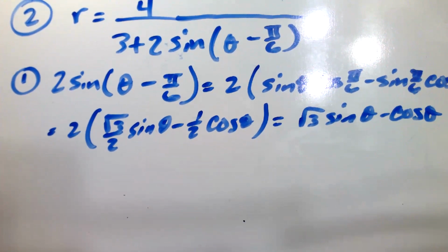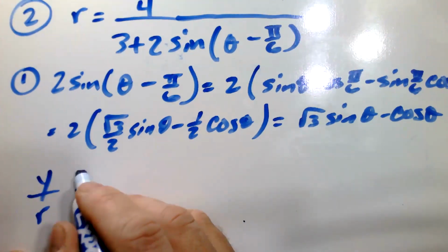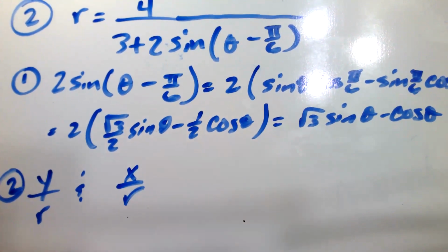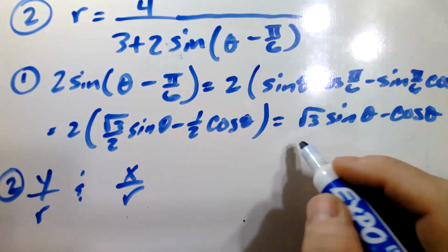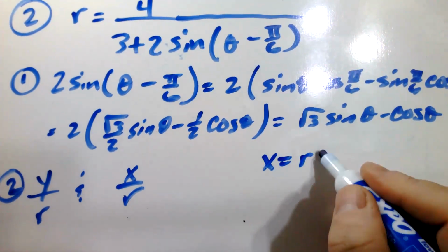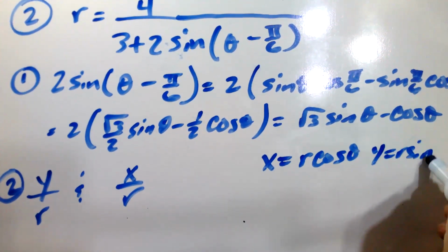And now we want to eliminate the sine and cosine terms with y over r and x over r. So y over r, and this is step 2, and x over r. Okay, so what they're referring to there is x equals r cosine theta and y equals r sine theta.